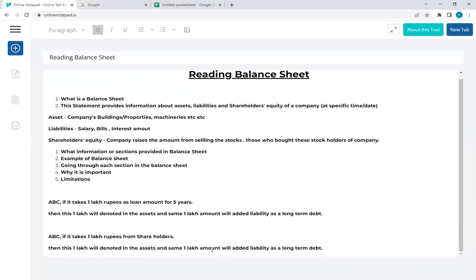But now this 1 lakh rupees will be added under shareholders' equity, as the shareholders have raised the amount for the company.